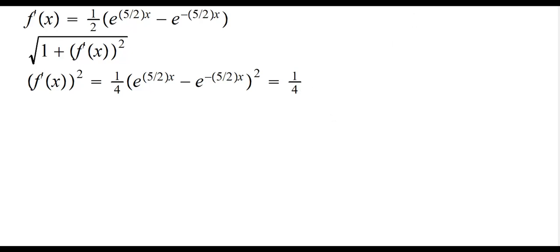So first we get the square of e to the 5 over 2 x, and when you square this quantity, it becomes simply e to the 5x.